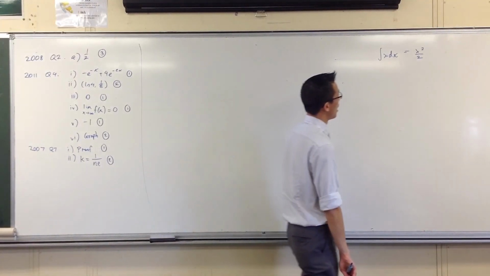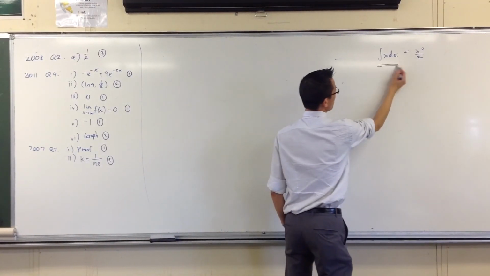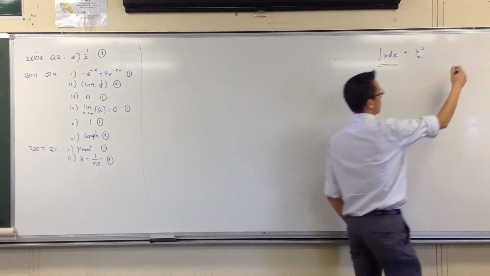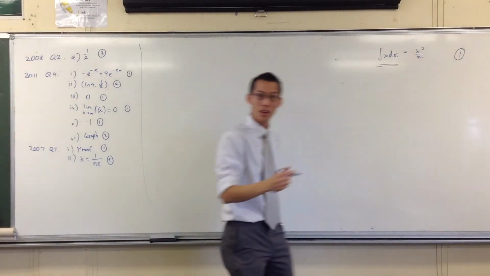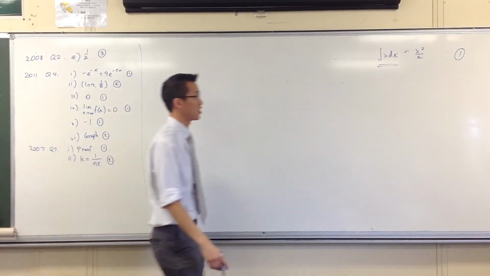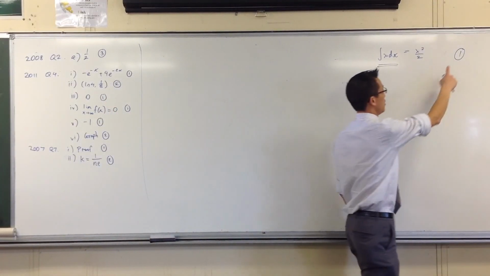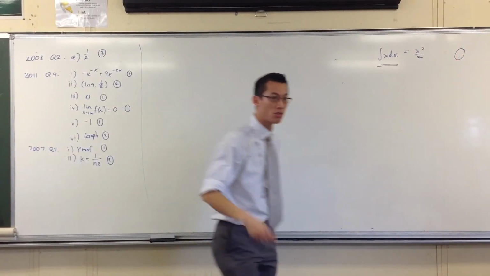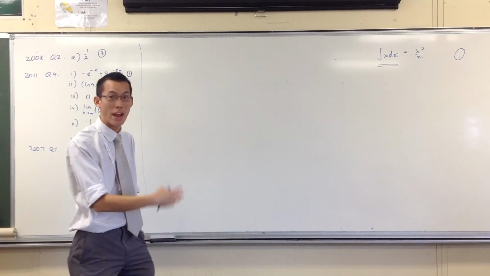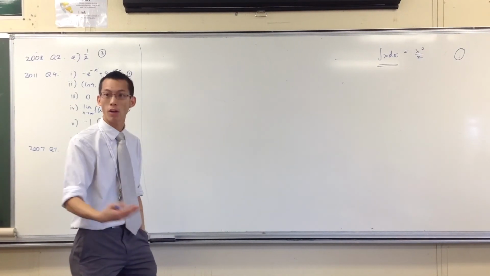Now, it's so trivial, to be honest, it would only be worth 1 mark. If it were in that section where they were deducting for the constant of integration, and it didn't have it, you'd just get 0. Because you get 0 or 1.